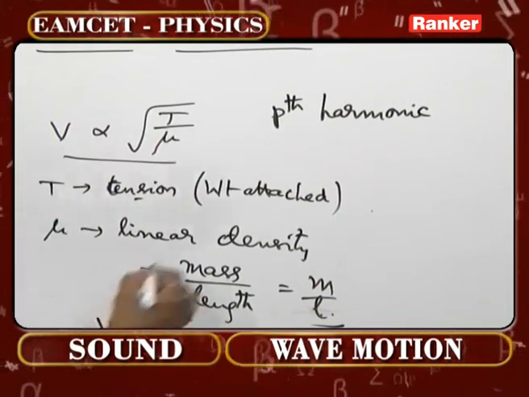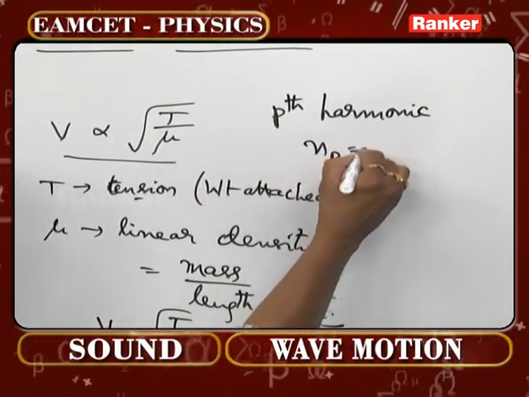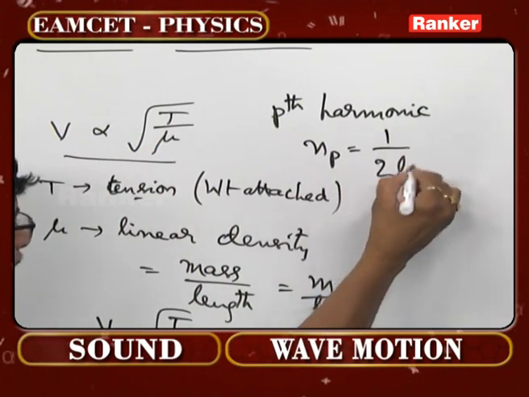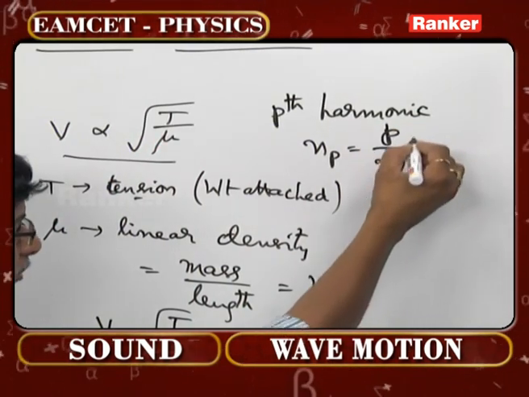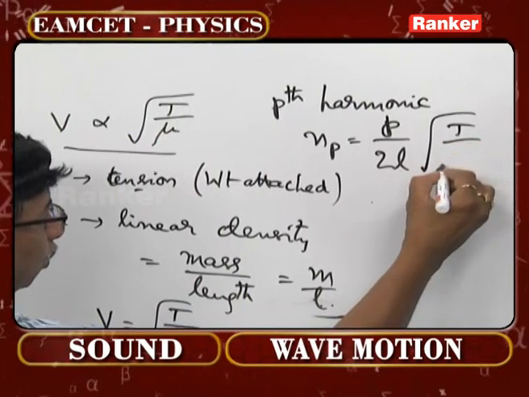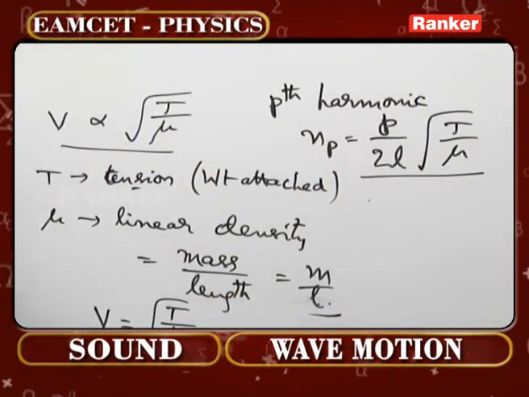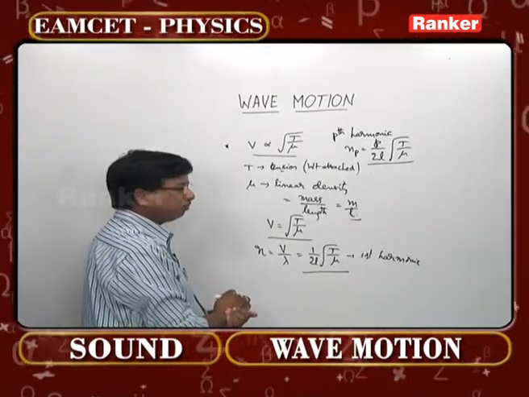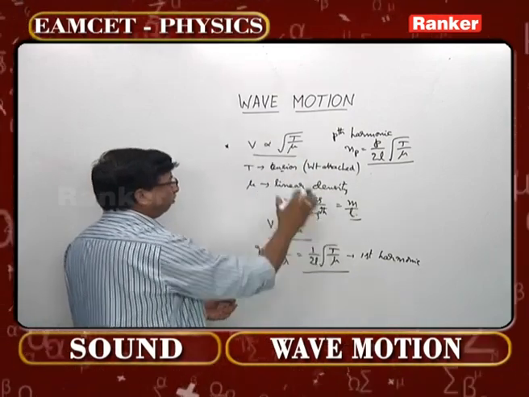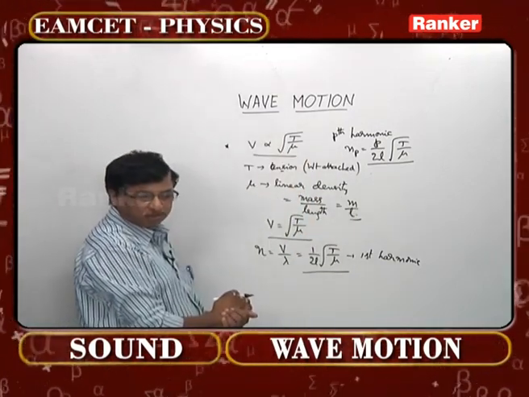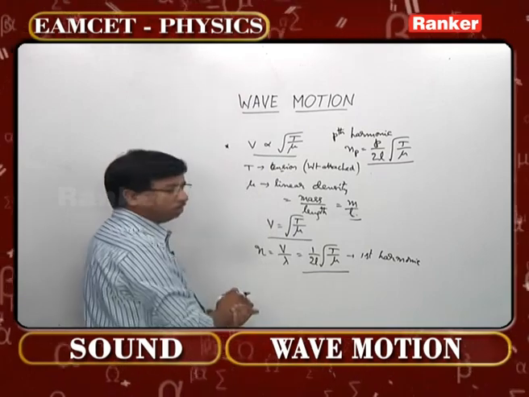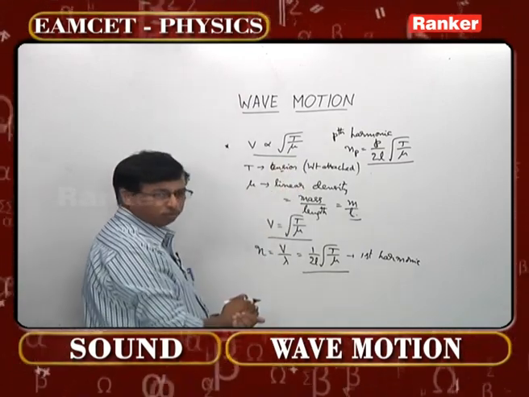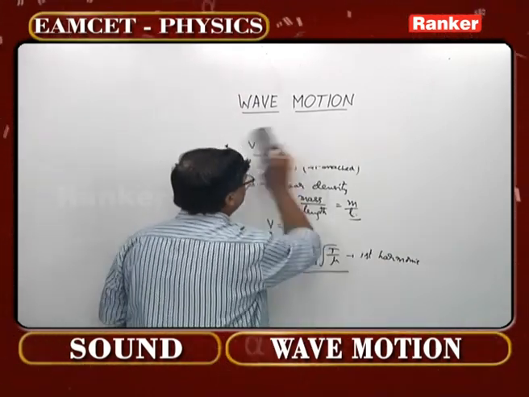At that time Np can be written as 1 by 2L, where that 1 should be written as P: P by 2L under root T by mu. That is the formula one should remember here. By means of this formula, any problem on sonometer you can work out. Now come to the last point.